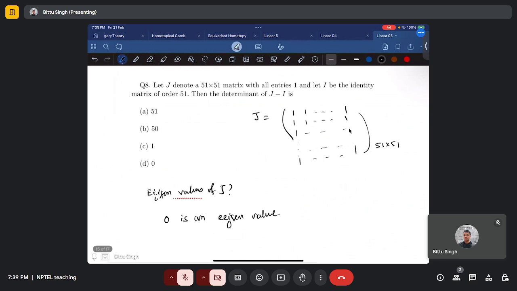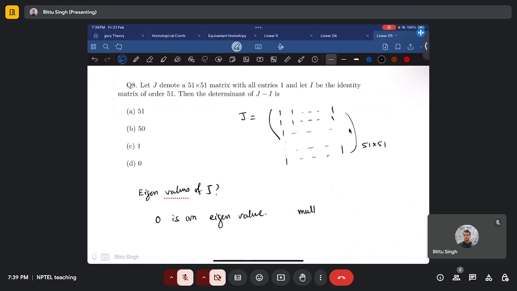The algebraic multiplicity of 0 is equal to 50. That is, 0 will occur 50 times.